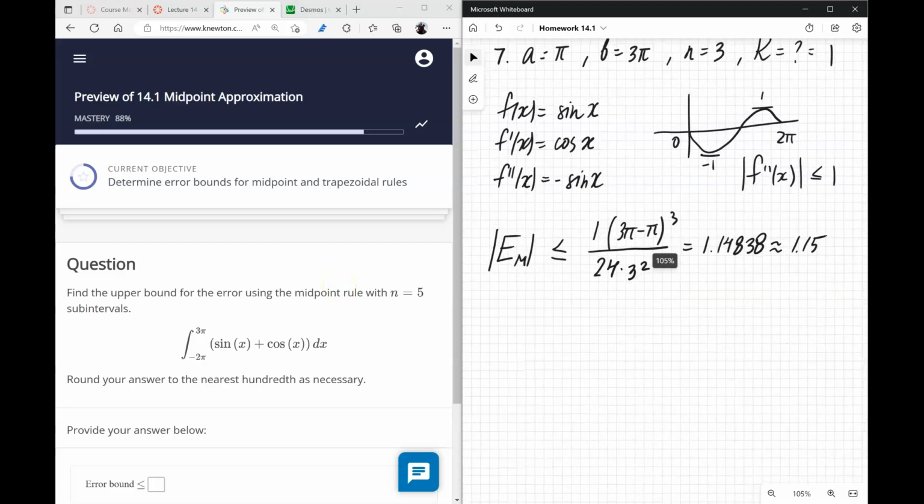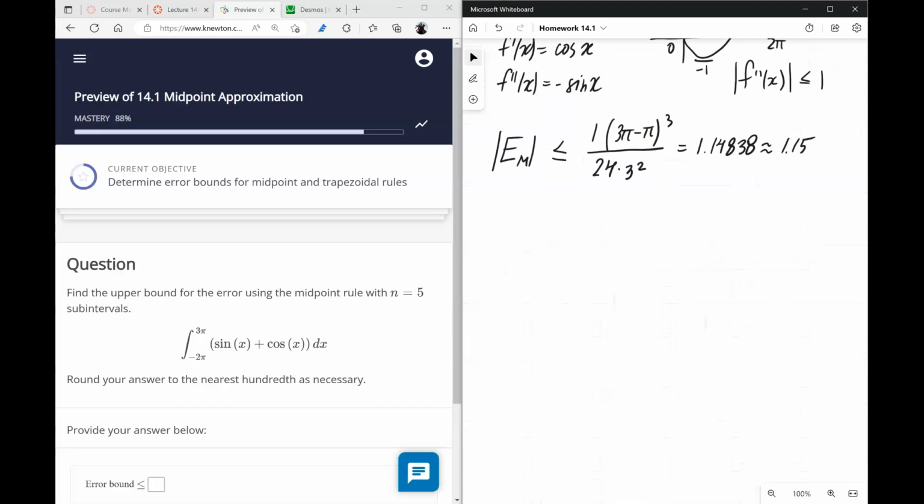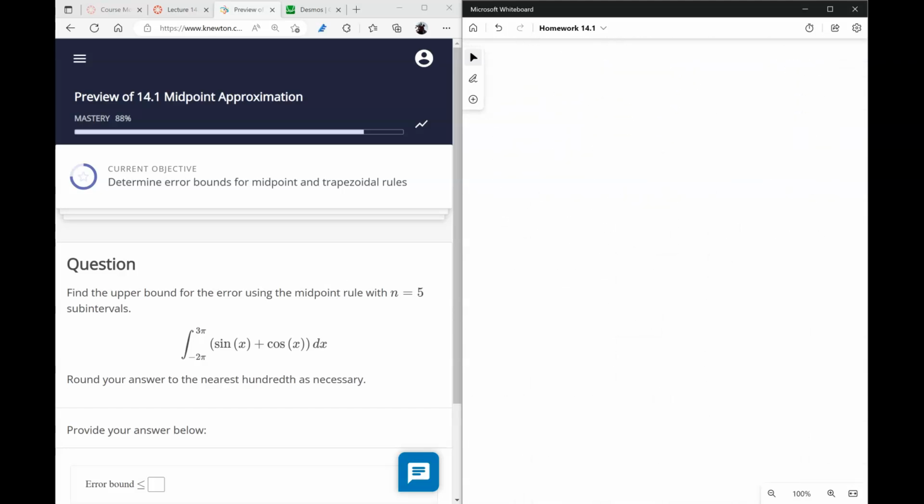Let's do another one. The lower bound is negative 2 pi, the upper bound is 3 pi, n is equal to 5. K, we don't know what k is, but we're going to find it.